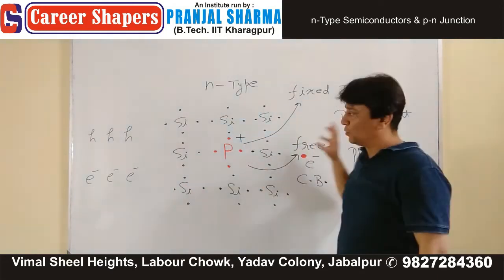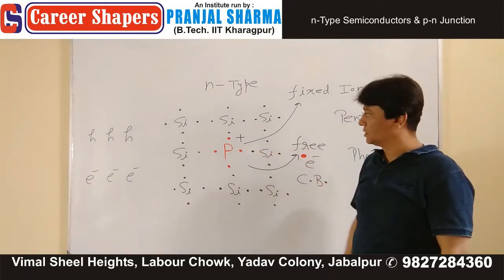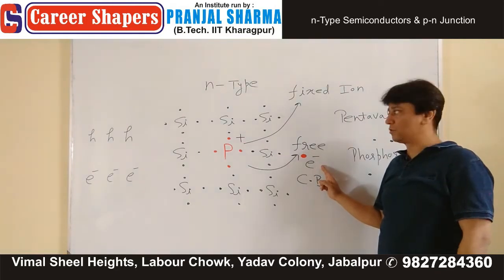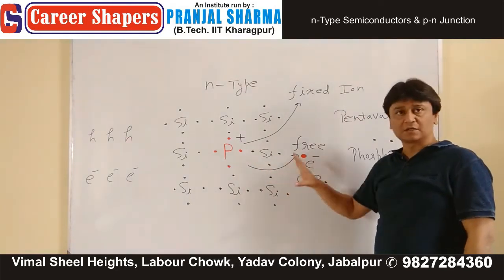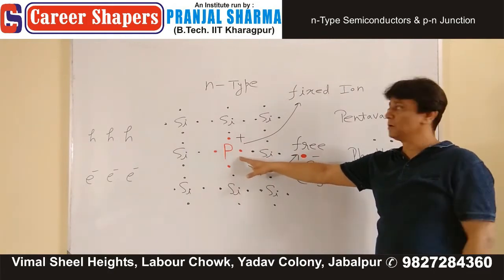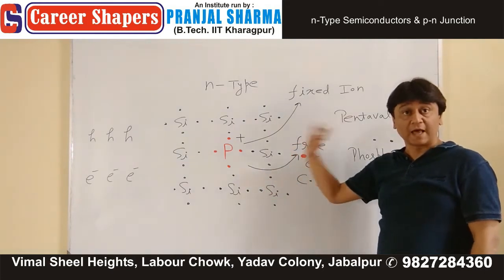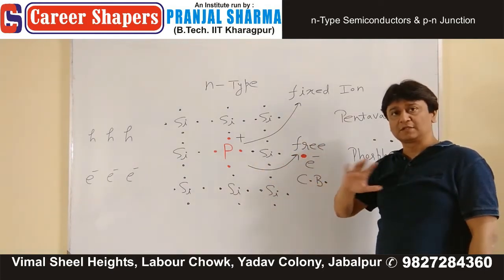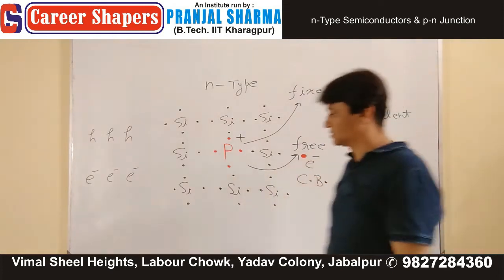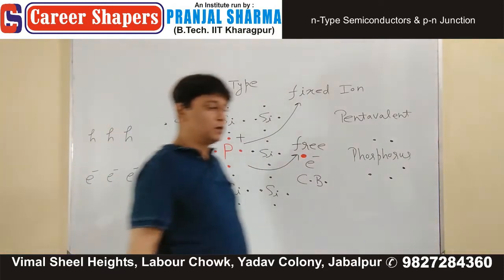Now when you replaced one of the silicon atom with the impurity phosphorus, it becomes positive, giving us an additional electron. Net charge is still 0, but since this is not going to participate in the current, we say that there is an excess of negative charge carriers. There is no excess negative charge, there is an excess of negative charge carriers. So the whole crystal is still electrically neutral.